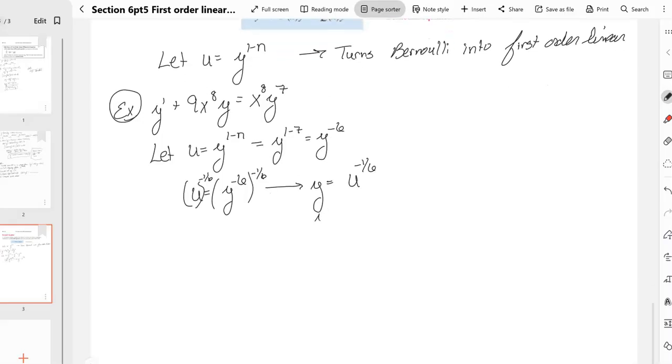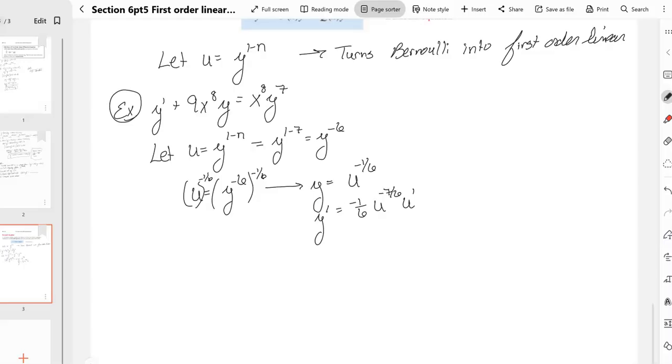And then let's take the derivative of that. The derivative y prime would be the derivative of u to the negative 1 over 6. We would bring that exponent down and subtract 1 from the exponent. And then we show we took that derivative with respect to the independent variable by attaching a u prime. Remember, that's an implicit differentiation.